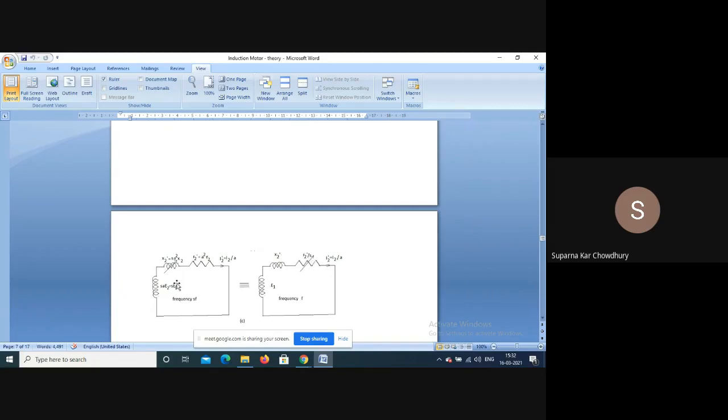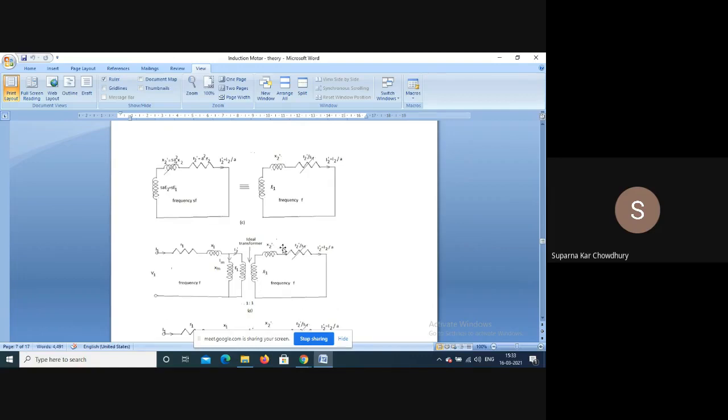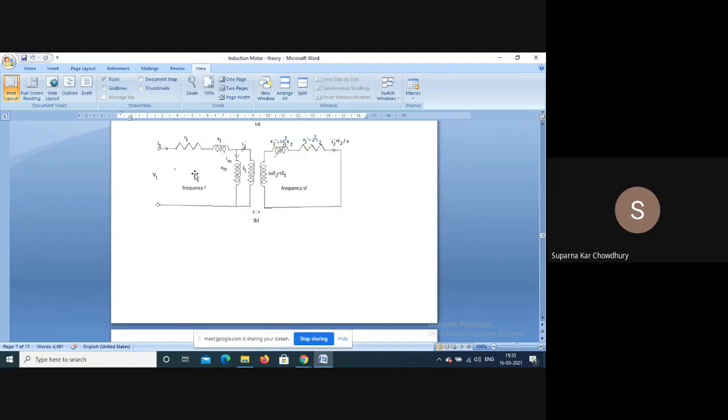So in the above equivalent circuit, this secondary can be replaced by this equivalent circuit. So if we replace here now, you can see that this is the stator and this is the rotor, now linked by an ideal transformer, not an ideal generalized transformer, because both the circuits have frequency F. Previously, the frequency of the primary and secondary were different.